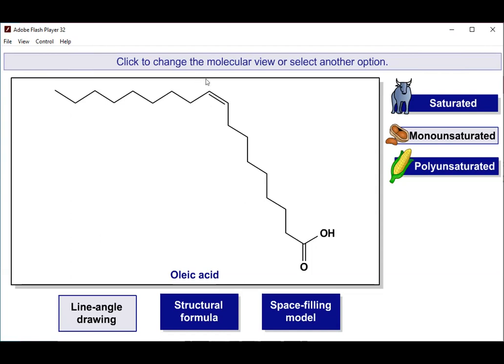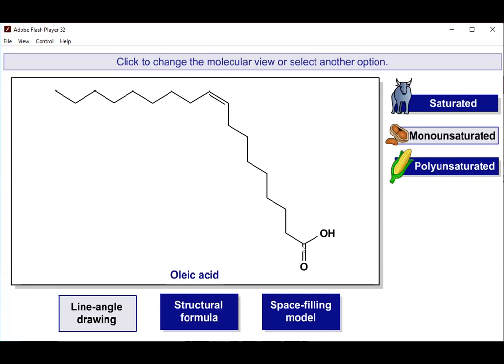That causes the rest of the carbon chain to bend around, so that's a bent shape. The things that are the same in this line angle drawing are the ends of the lines and anywhere where 2 lines meet, a joint, are carbons here, and you can count 18 of these.